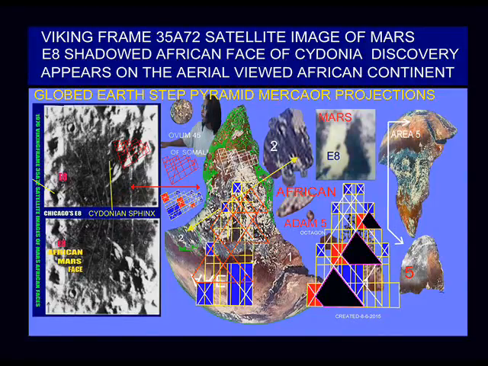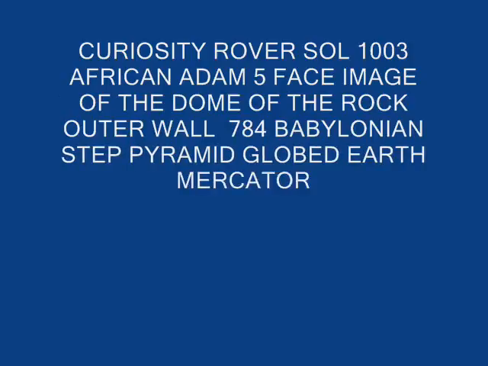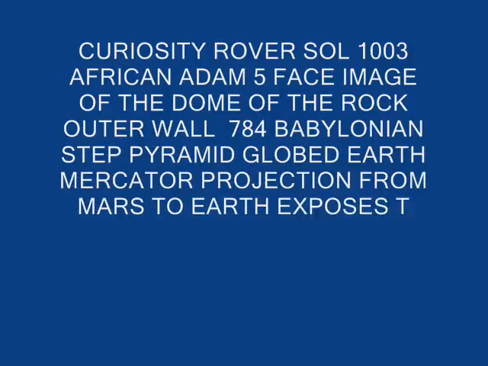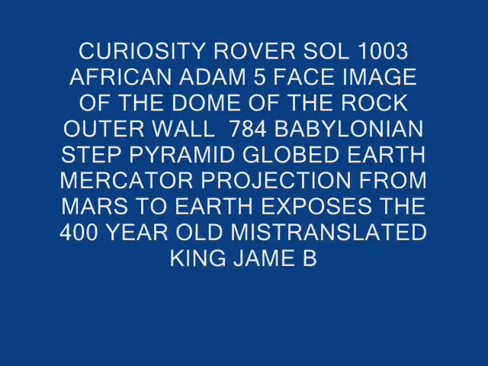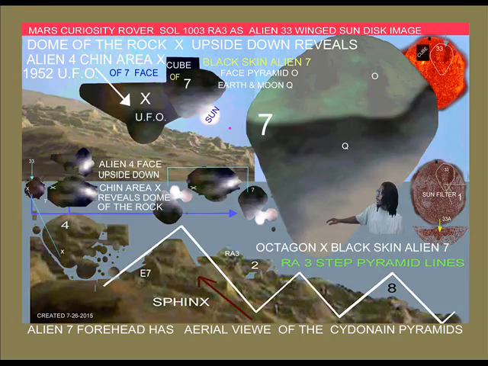So what is the 1, 2, 3 triangles which appears in your horizontal view of the Isaiah 19:19 biblical African Ethiopian pyramids of the Lion Sphinx in front of the Giza pyramids? This is what I call theological racism by the 1611 King of England that denied the black African Lion Sphinx of the entire African continent. So when we go back to the globe earth style pyramid Mercator projection of the black African Lion Sphinx, we see 3 triangles.